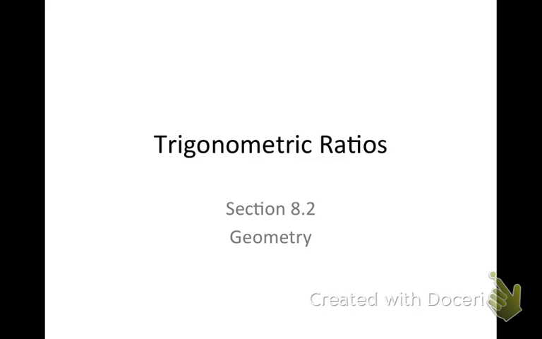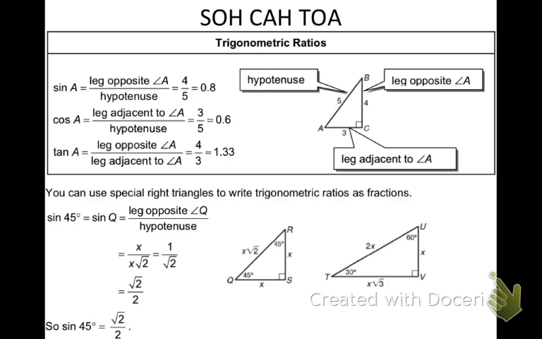So, trigonometric ratios, section 8.2. If there is one word and one word only that you ever remember from geometry, I'd want you to remember this one word. And that word is SOHCAHTOA.